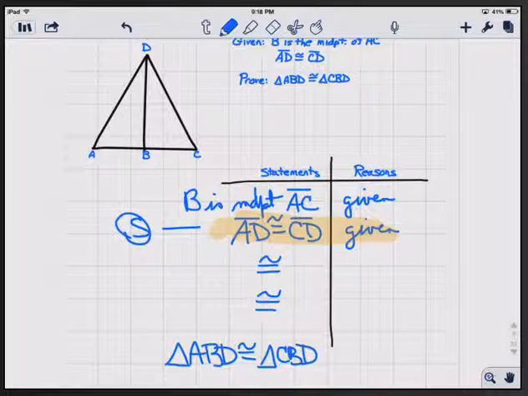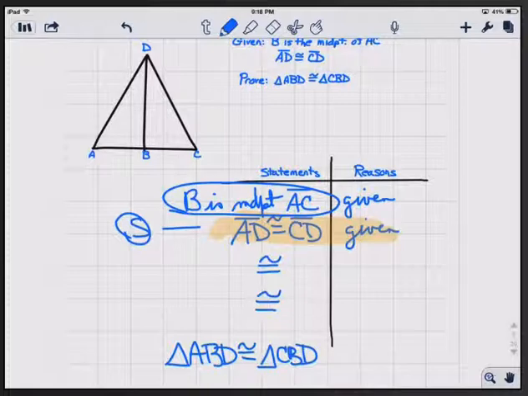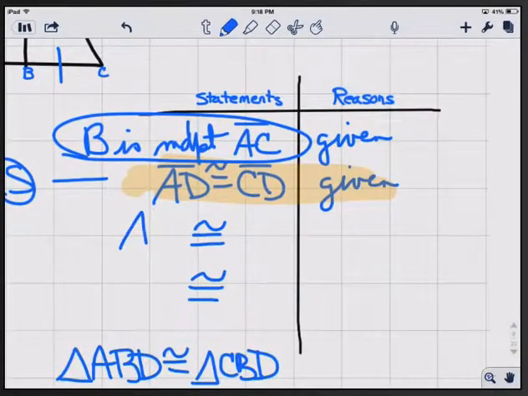So first thing I'm going to state is, based on the fact that we have a midpoint, if B is the midpoint of segment AC, then segment AB has to be congruent to segment CB. So I'm going to write that down. Segment AB is congruent to segment CB.